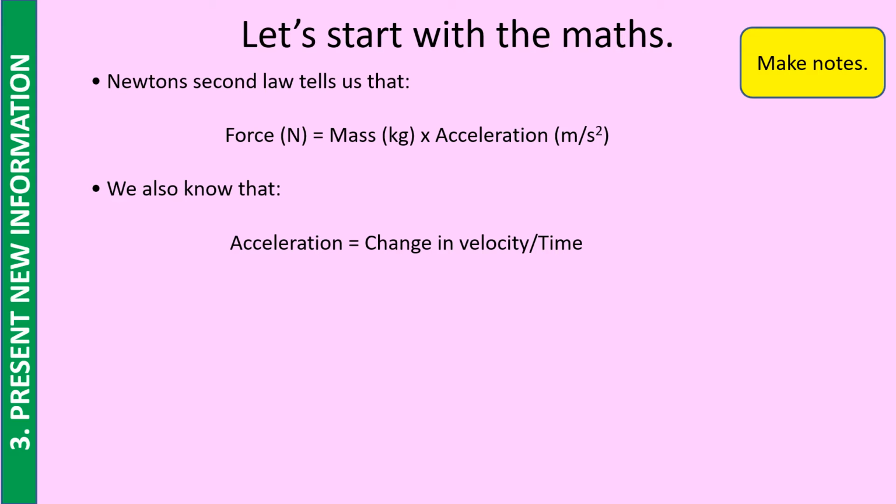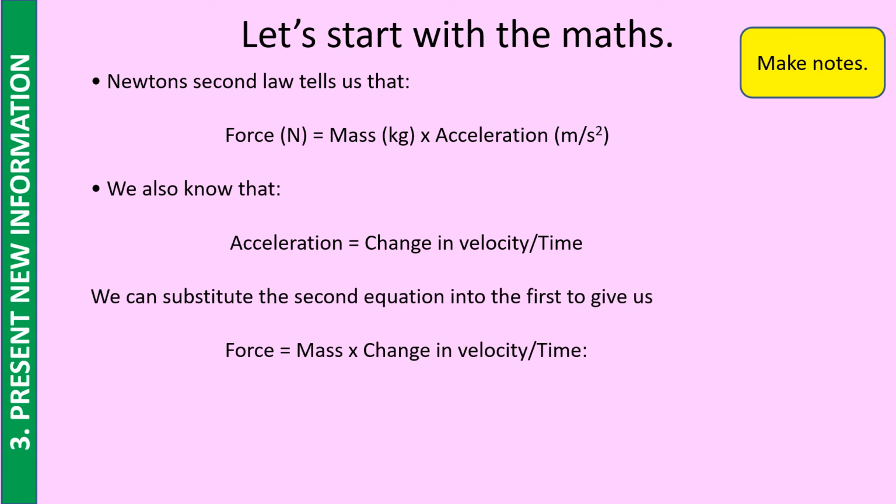To do that, we're going to take this equation for acceleration equals change in velocity divided by time and substitute it back into this. So remove this term, acceleration, and replace it with this. If we do that, we get this.